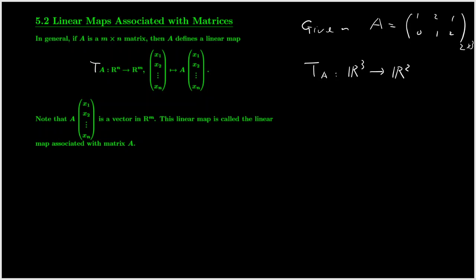And the rule is given as follows. Every vector in R3, we call that the domain, and R2 the codomain. Every vector in the domain has 3 components.